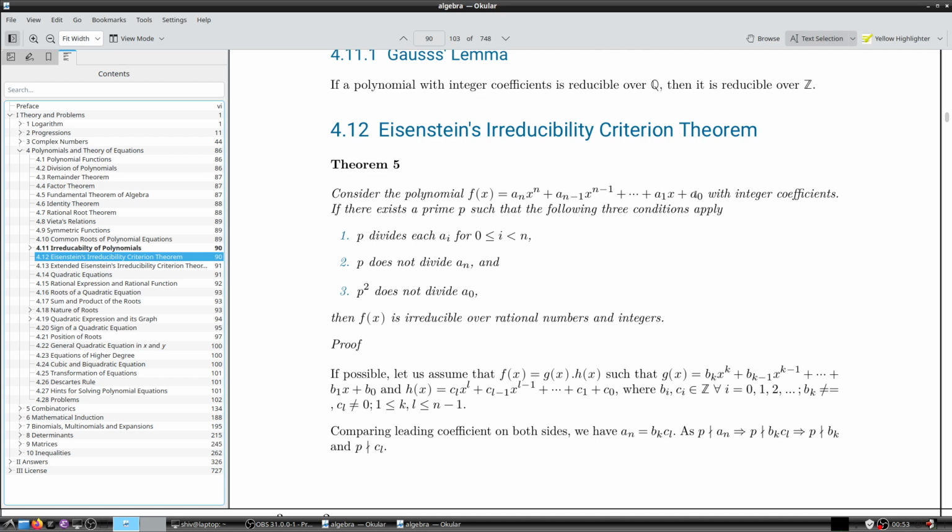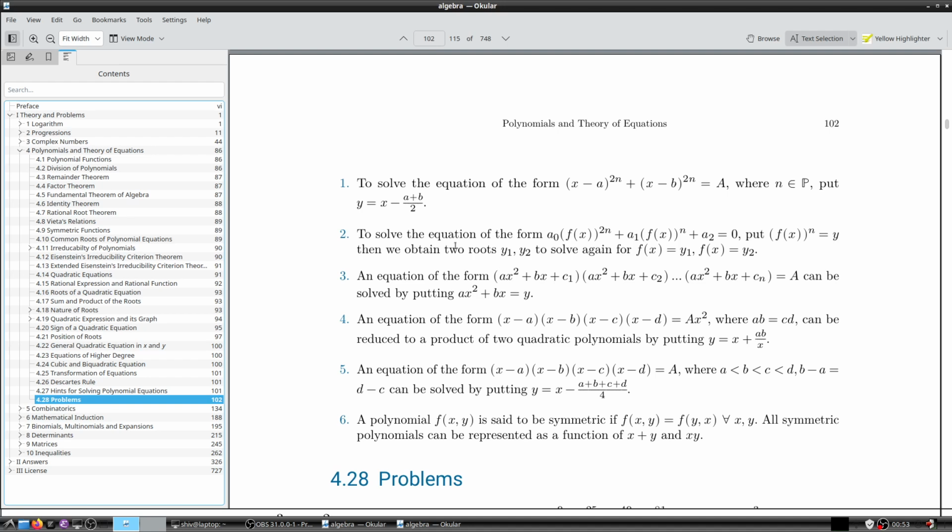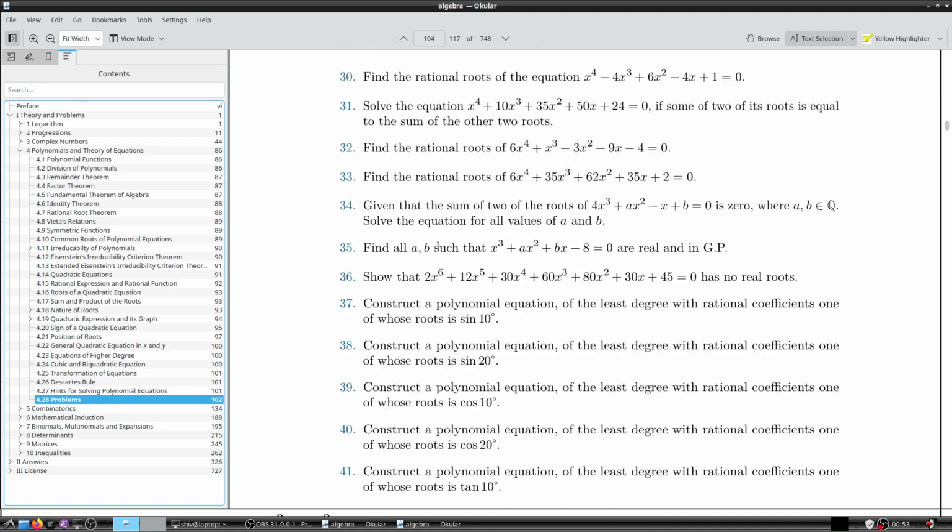That is the Eisenstein's irreducibility criteria. So p divides a0, but p square does not divide a0 and p does not divide an. That was the criteria, just to refresh that.